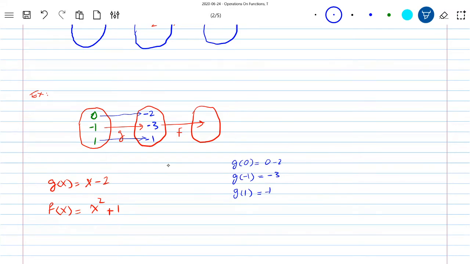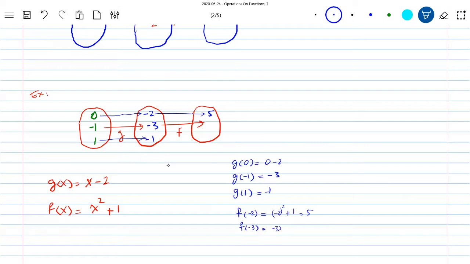Okay, now let's figure out what the outcome is if I replace negative 2 into f. Where does it end up? If I figure out what is f of negative 2, I will end up with negative 2 squared plus 1. Negative 2 squared, use parentheses, plus 1. You'll get 5. If I replace negative 3 in it, where do I end up?